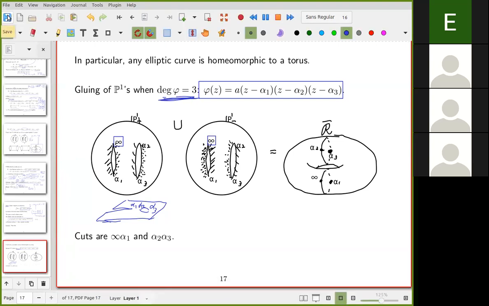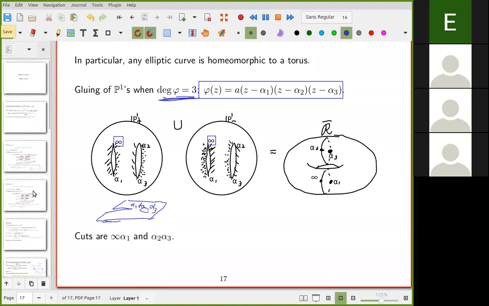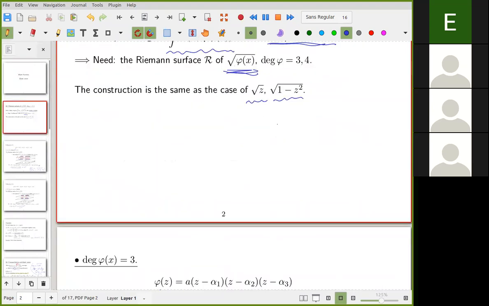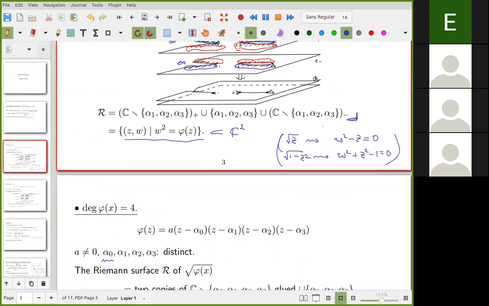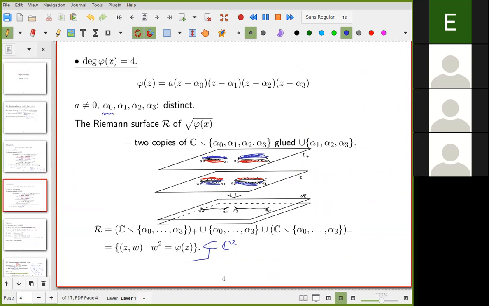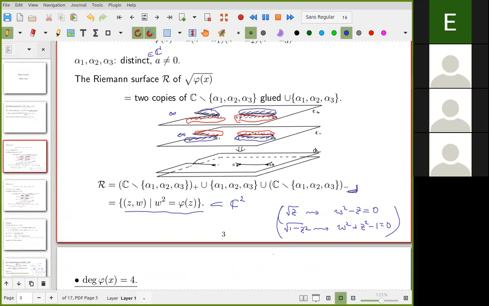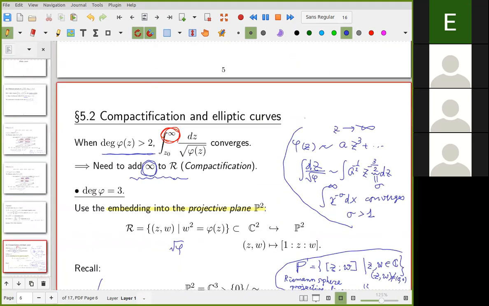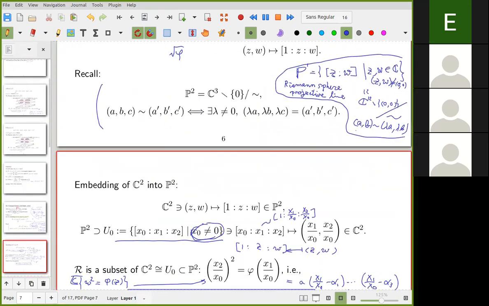Yes, I have a question. At the beginning of the lecture, there was a construction of compactification of the Riemann surface for the case when the degree of phi is 3.